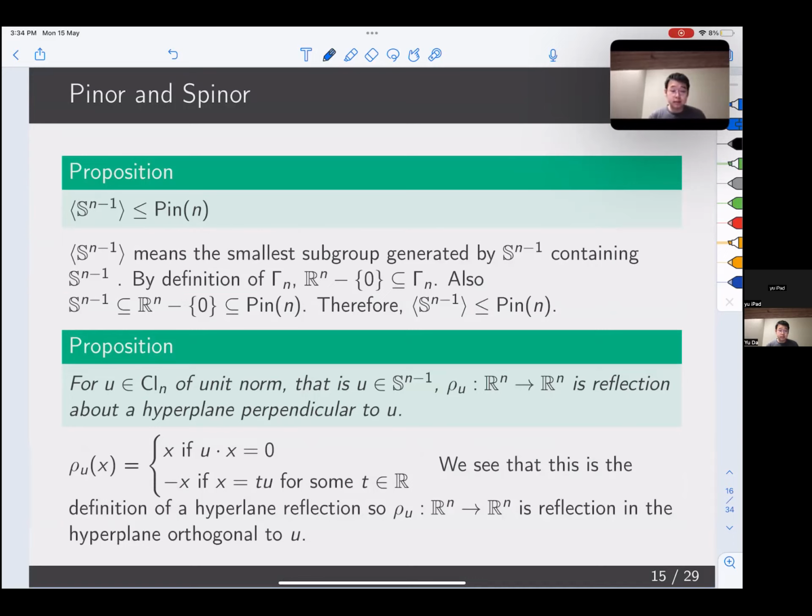And if we restrict rho U to U inside S n-1, we'll get the reflections about the hyperplane that's perpendicular to U. This is shown by: if x times U is 0, we have x, and then negative x if x is equal to tU for some t in R, which is the definition of hyperplane reflection.